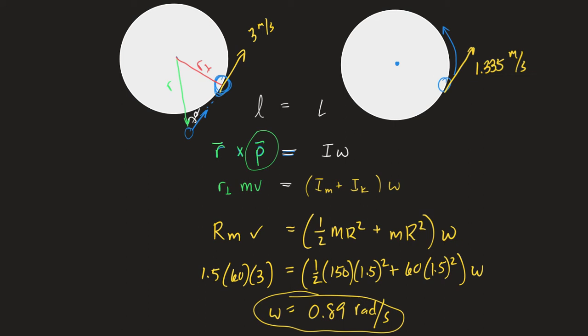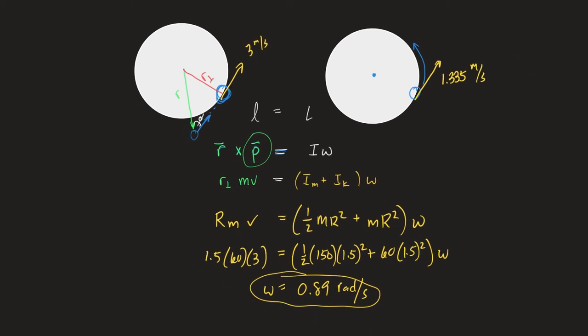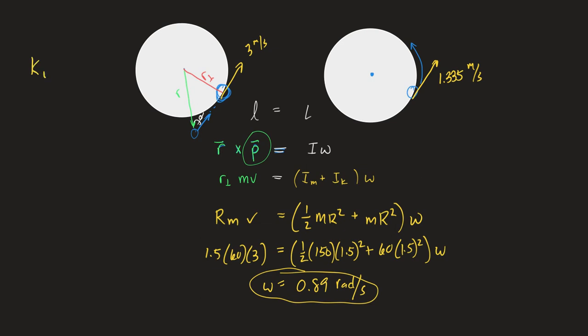I bet if we calculate the kinetic energy of the kid before he jumps and the kinetic energy of the system after, we're going to find that it's less. This is an inelastic collision. And if you want to know the kind of questions I'm going to ask on a test or the things that would be on an AP exam, that would be one of them. I think it would be perfectly suited to you guys to figure out what the initial kinetic energy was, 1/2 60 times 3 squared.